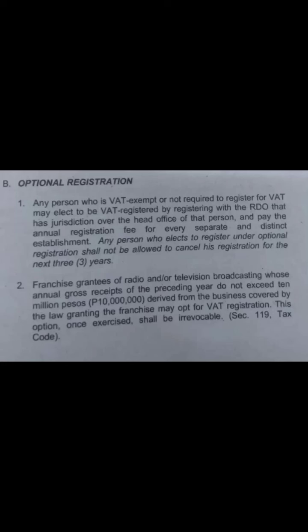Then number 2, if number 1 is 3 million, then number 2 is mga, for example, company ABS-CBN, GMA, TV5. If ang ilang annual gross ni-exceed siya 10 million, subject gihapon siya nga mo file og VAT registration sa BIR.